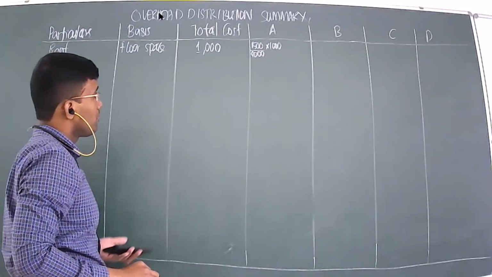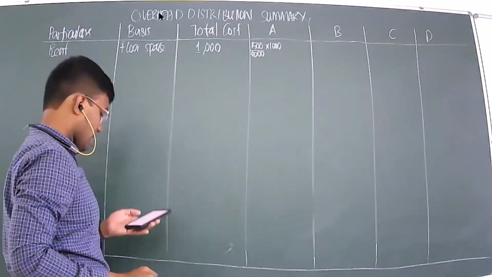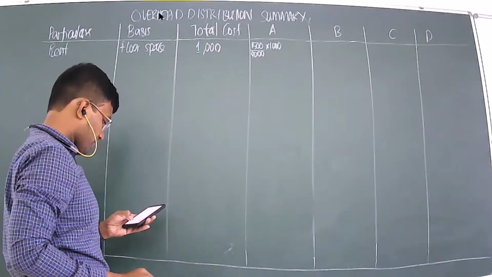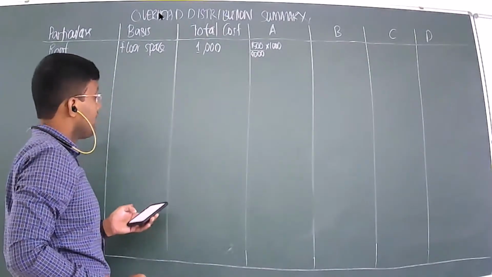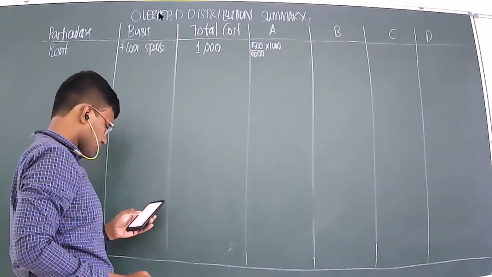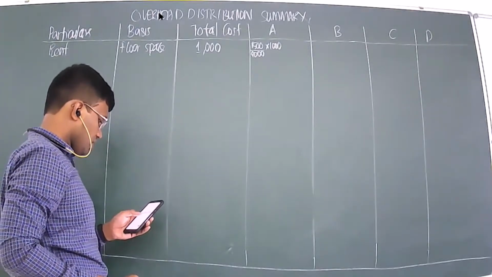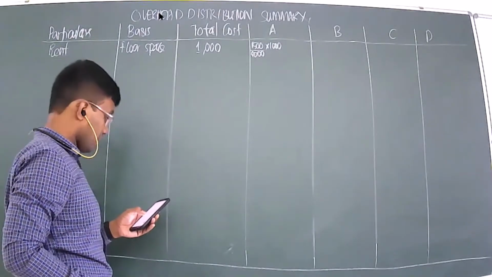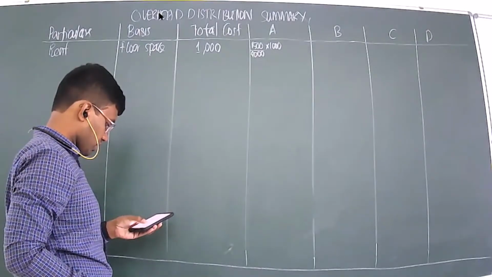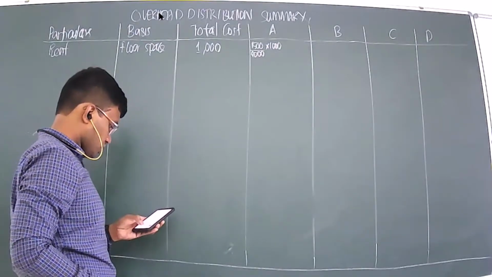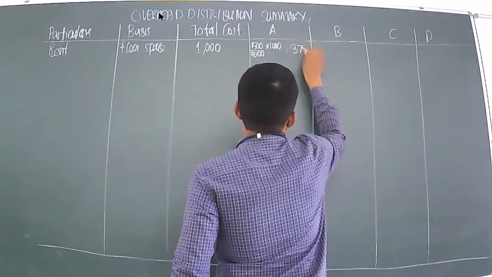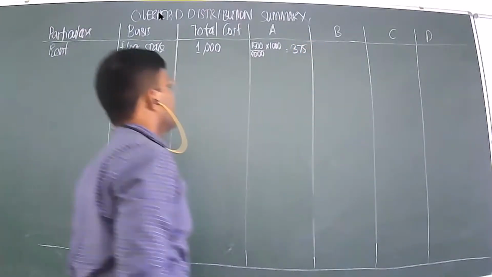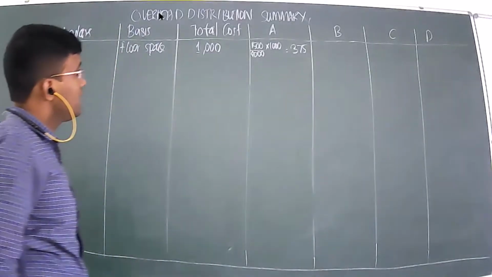So this is how you will be going about apportioning. Let's calculate this: 1,500 divided by 4,000 into 1,000. The answer works out to be 375.